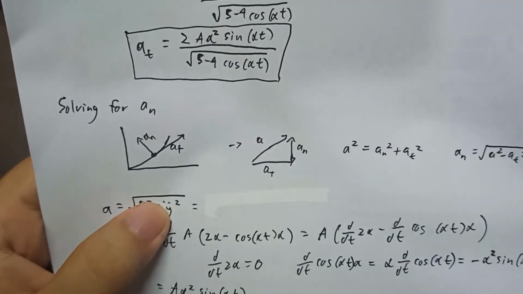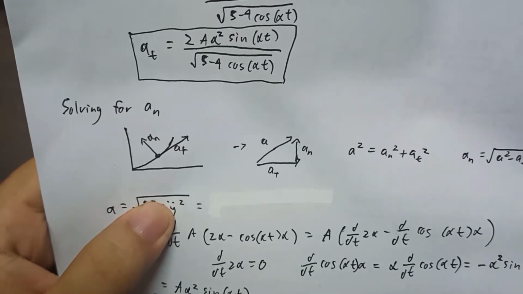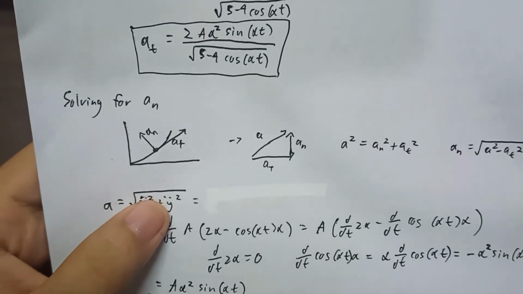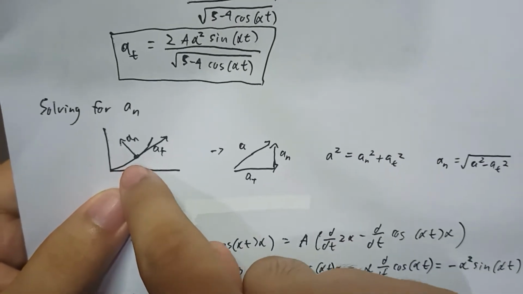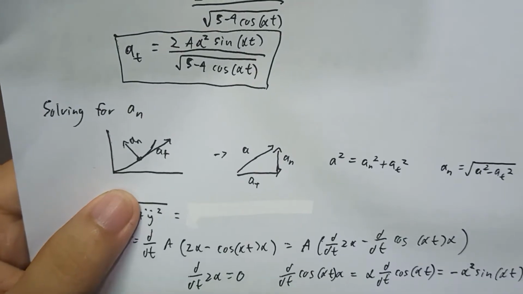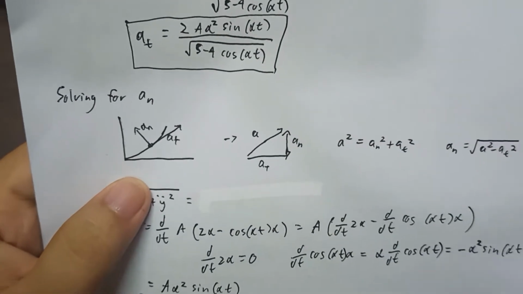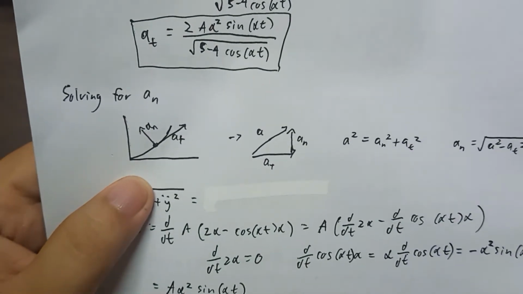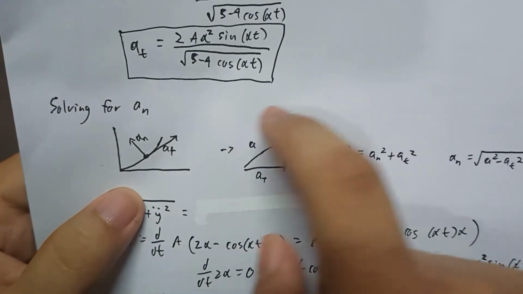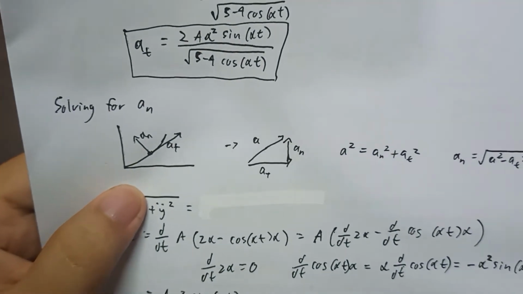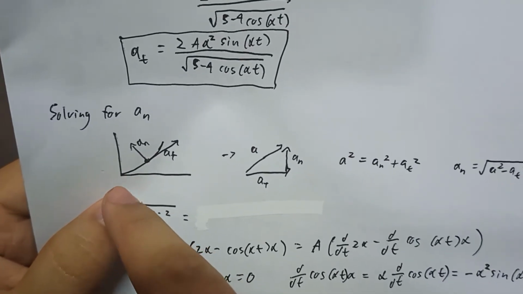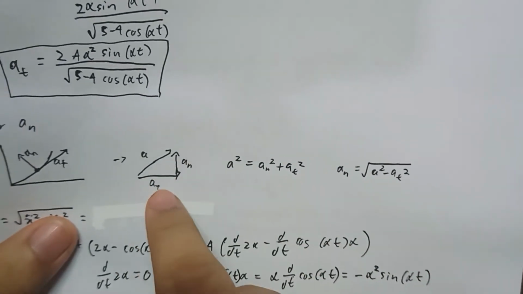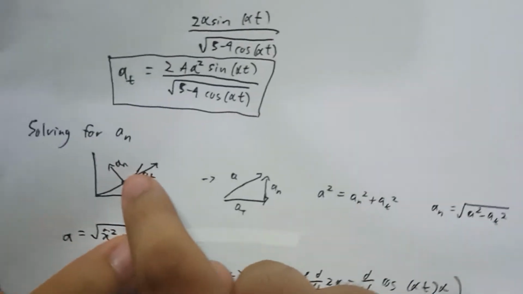We know that the particle moves in a two-dimensional orbit, which means that this is the visualization of its movement, and the tangential acceleration is tangent to the orbit of the particle, and the normal acceleration is what makes the particle curve, which means that its acceleration is the hypotenuse of the tangential acceleration and the normal acceleration, which is here.